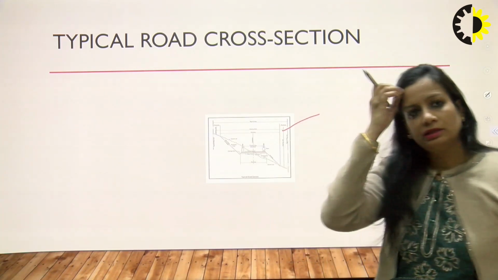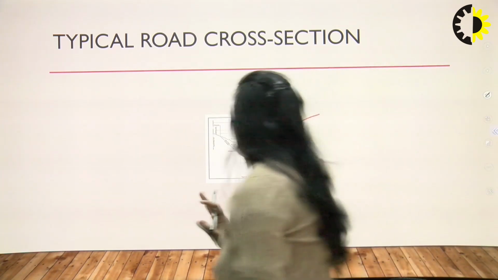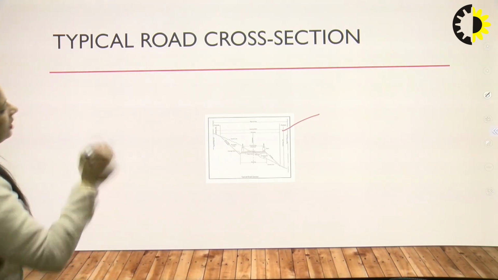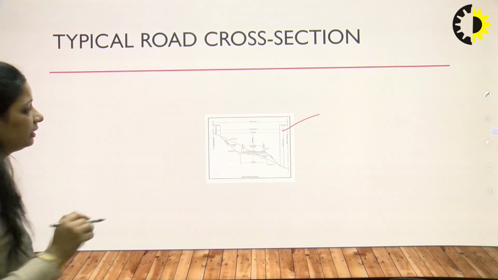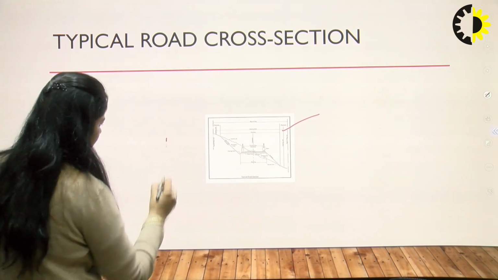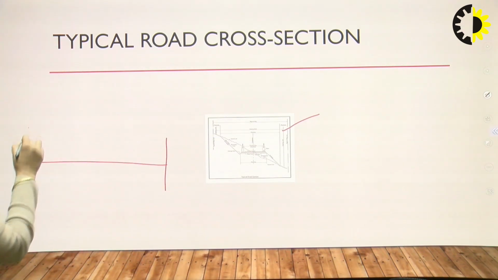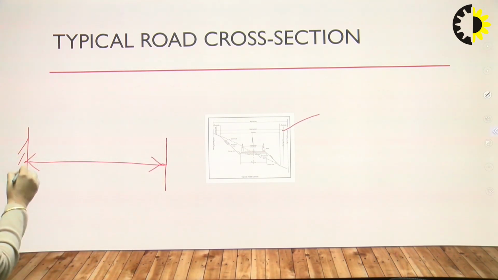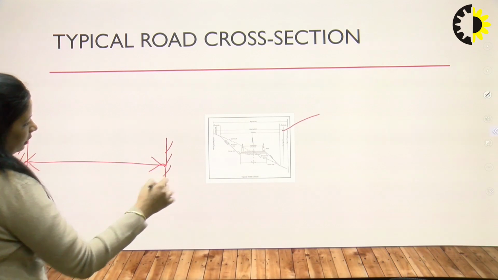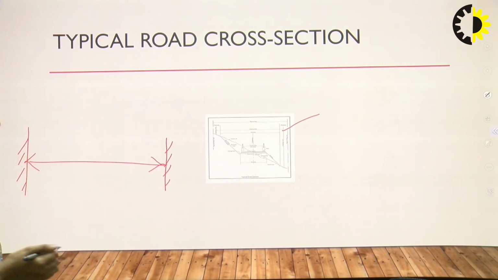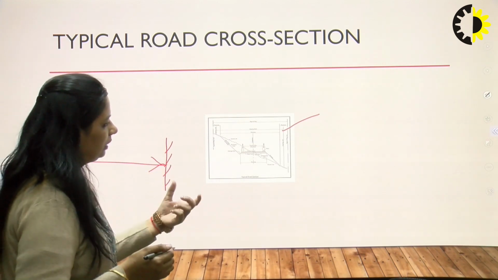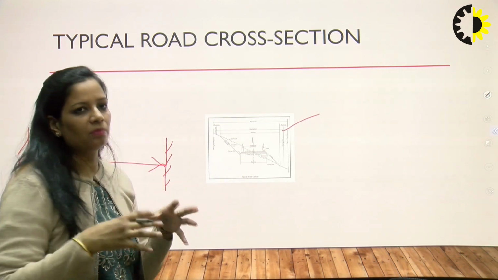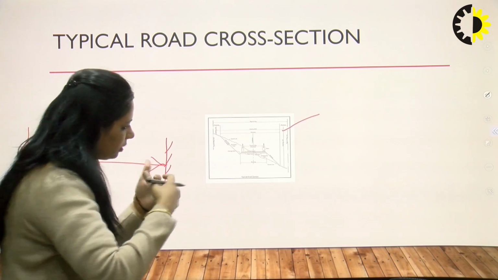I think that particular picture is not visible, so I'll make it here. We are going to discuss a typical road cross section. As we know very well, in any road there must be a carriageway, and the carriageway comes under a roadway.